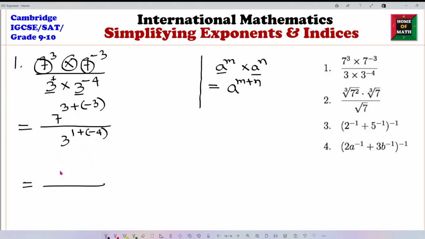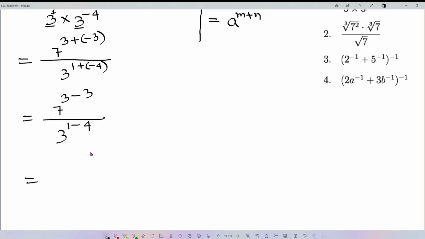Then 7 to the power 3 plus minus 3 is 3 minus 3, and 3 to the power 1 plus minus 4 will be minus 3. Then 7 to the power 0 and 3 to the power minus 3, because 1 minus 4 is minus 3.